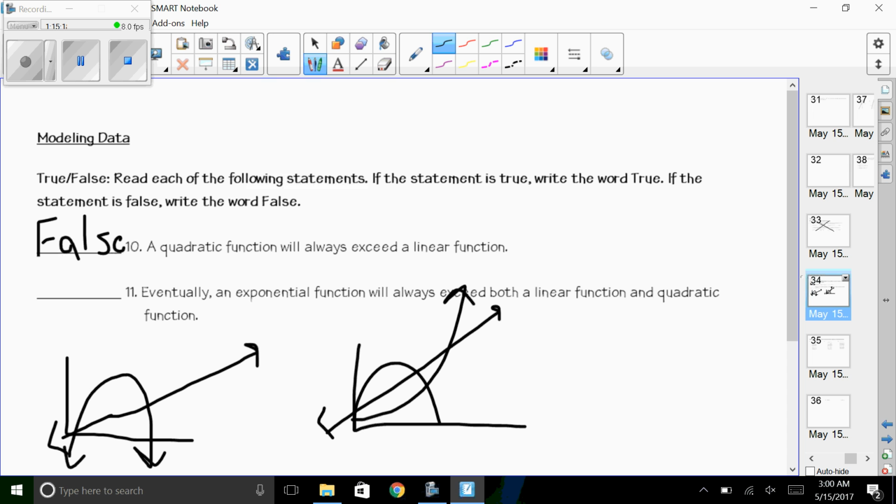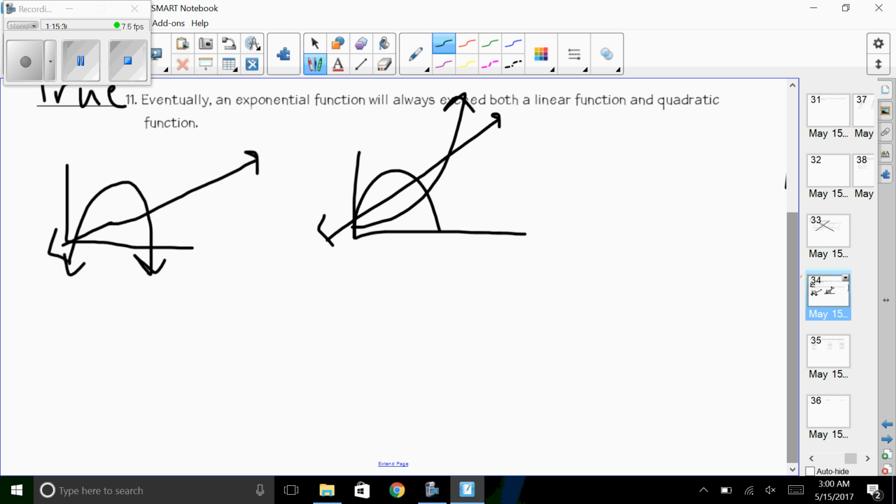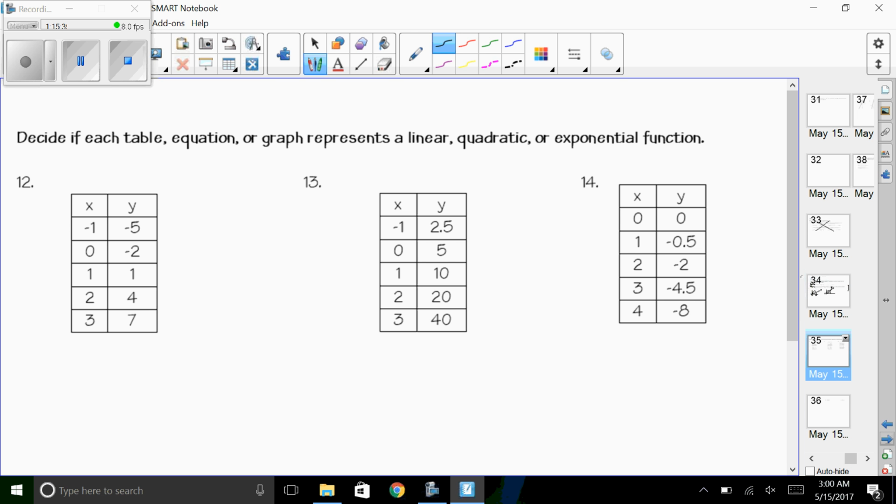It just grows faster than a linear equation. This is true. Go to the next slide.